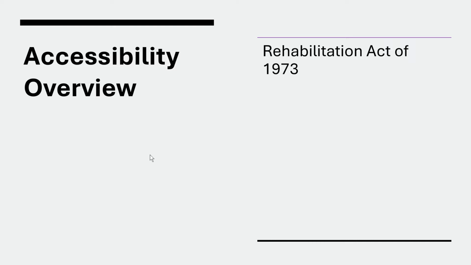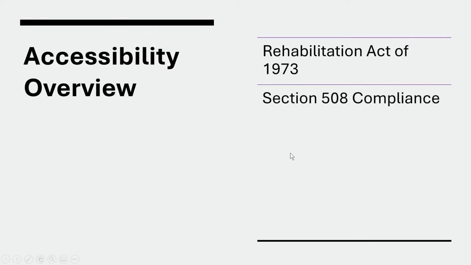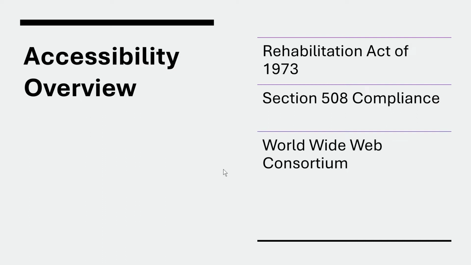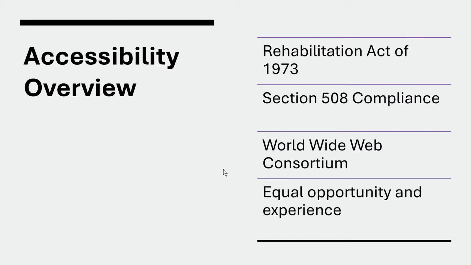And now if you fast forward into the future, in the mid 90s, we have Section 508 of the Rehabilitation Act, which gives equal opportunity within technology. And then we also have a partnership with the World Wide Web Consortium, which also puts on more parameters, okay? And what are those parameters? We're going to discuss those in a little bit. But ultimately, the goal is to give equal opportunity and equal experience to all users, okay?